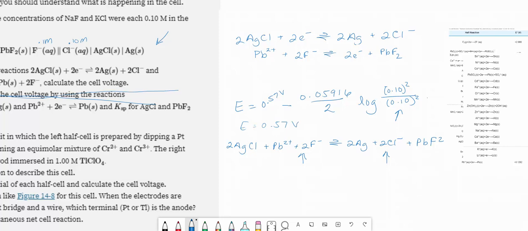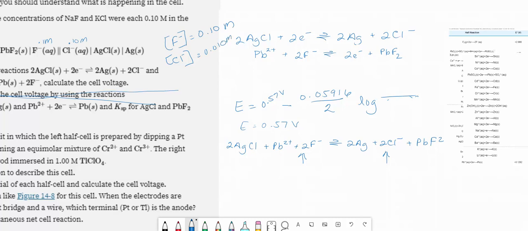Now, what happens if those aren't equivalent? What happens if, say, our fluorine is, I don't know, let's pick something. Let's say the concentration of fluorine is going to be 0.10, but the concentration of chlorine is then going to be 0.010.